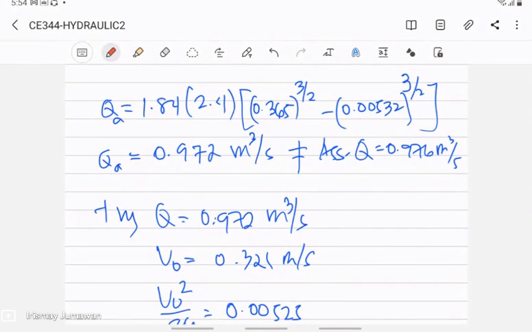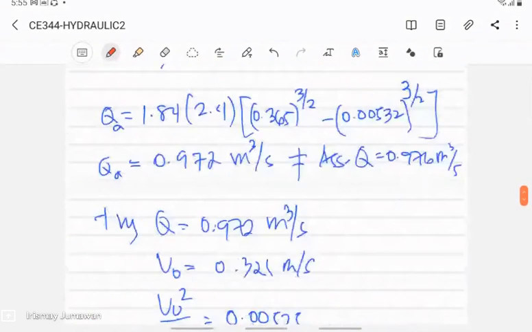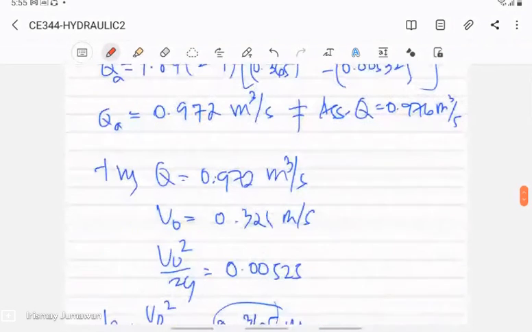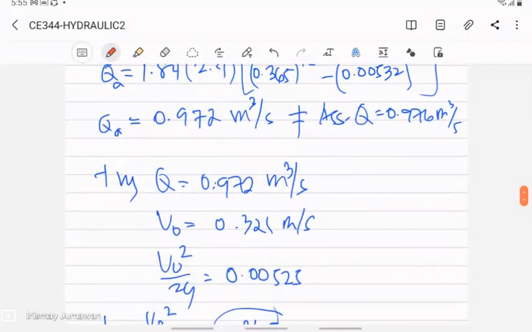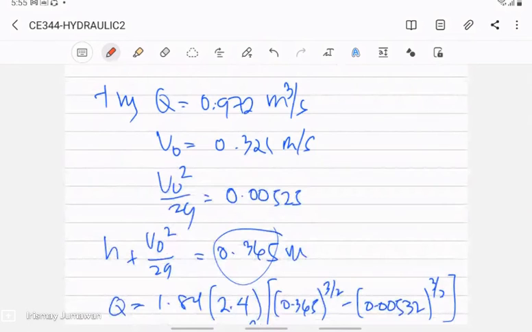Velocity is equal to Q divided by area. So that is 2.321 meter per second. Compute the velocity head, that is equal to 0.00525. Then you add it to the head, which is equal to 0.365.